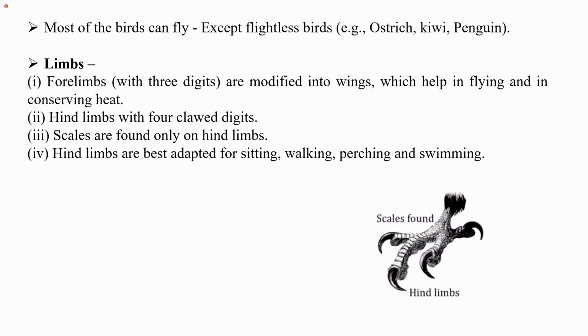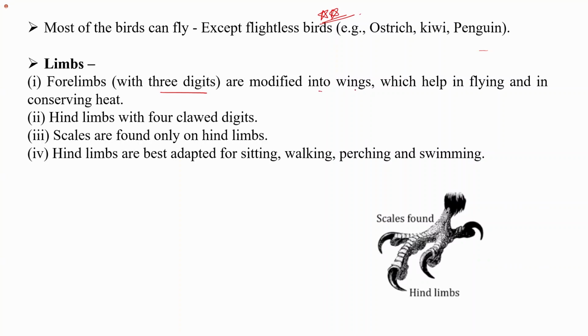So most of the birds, as I mentioned, can fly, except some flightless birds, for example ostrich, kiwi, and penguin. These are some examples of birds that are flightless. This might be asked.